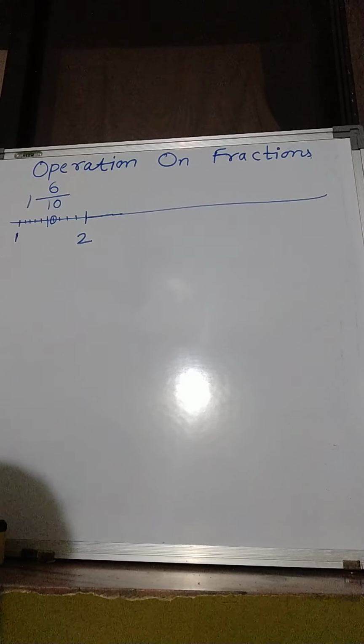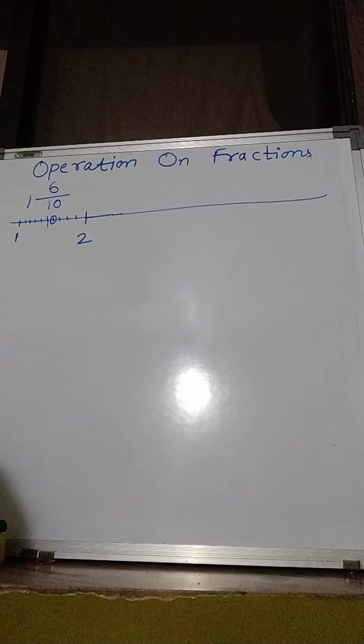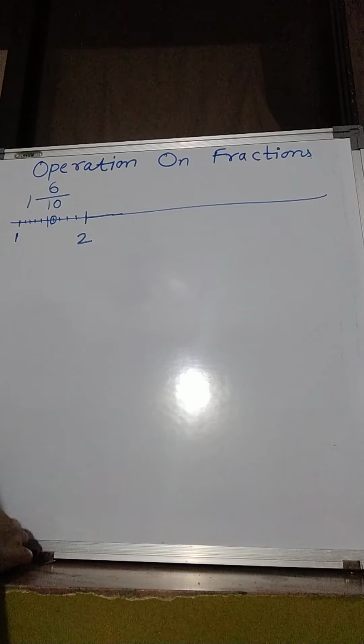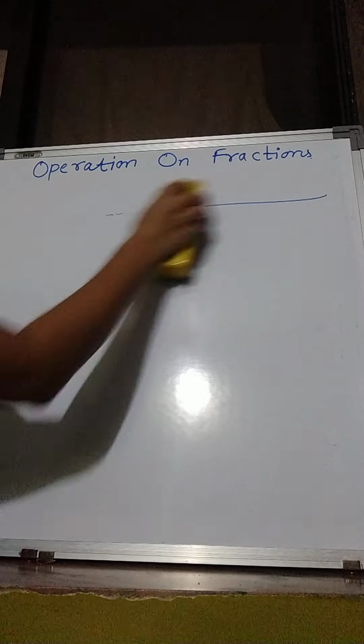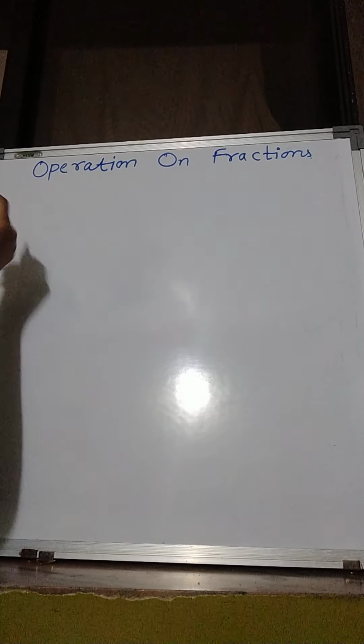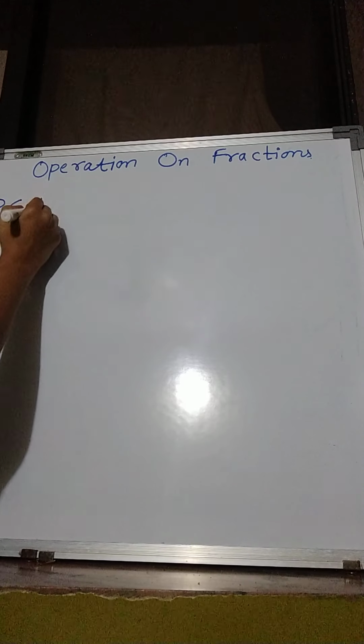For that, let's move to our practice set number 11. Here, if you observe the first sum, what fraction do the points A and B show on the number line?